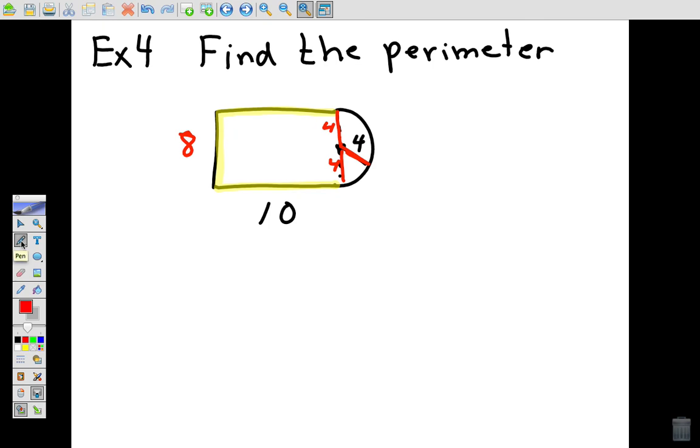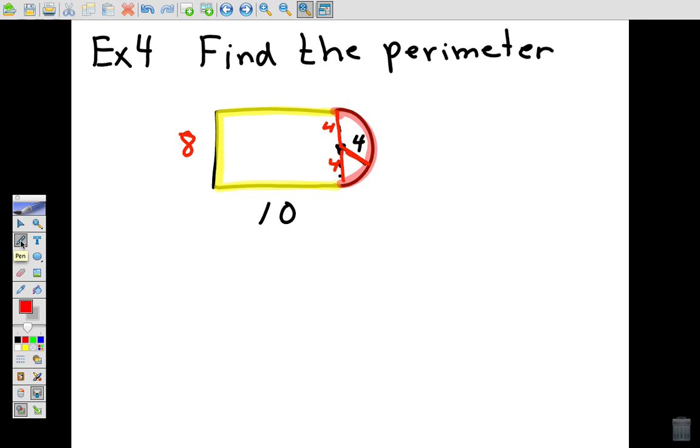So, you're going to find the distance around those parts. And then, in red, you're going to find the circumference of this half a circle. So find the circumference of a full circle, divide it in half to find the circumference of that half a circle.